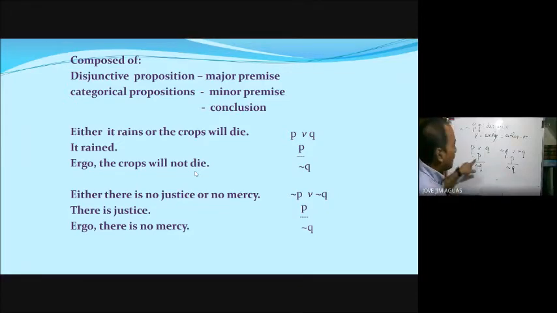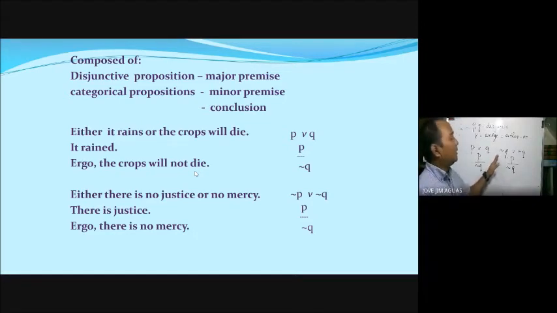The minor accepts one part, therefore the conclusion denies the other part. So what is this? This is the positing process.